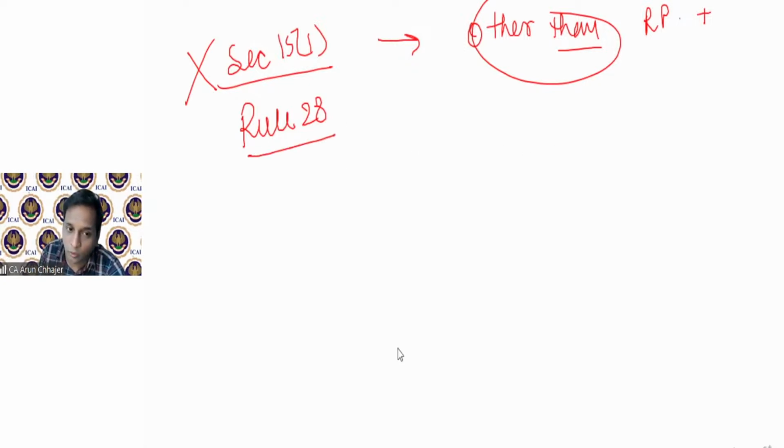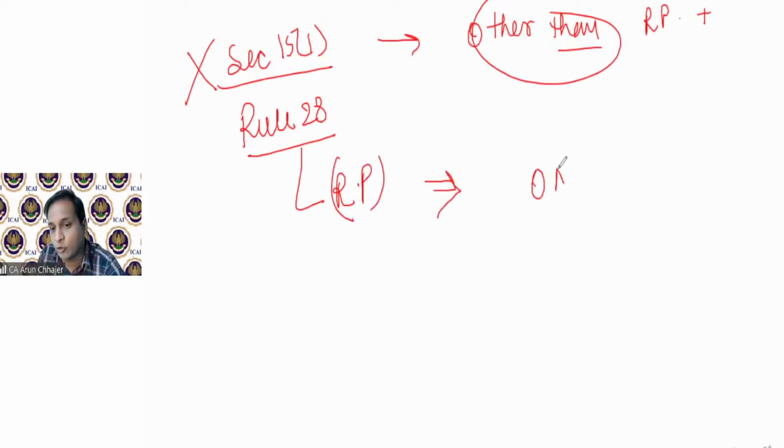Now, rule 28 is basically the valuation rule for the related party or the distinct person, which says that open market value, I have to pay the GST. There are certain more clauses, then there are two provisos also, which I am not discussing right now.